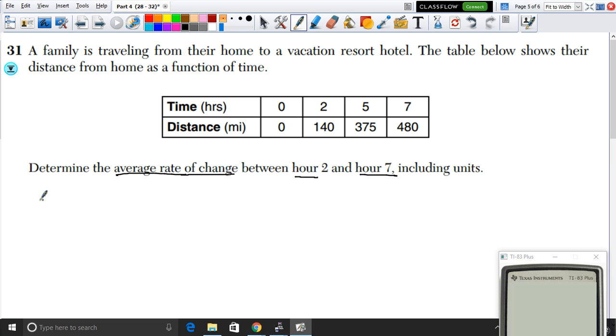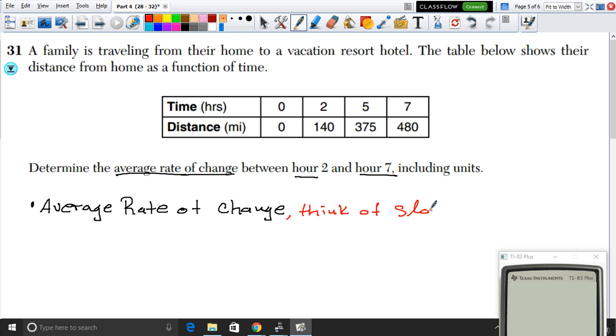Okay, so when we talk about average rate of change, think of slope. We can use the slope function or the slope equation to calculate the average rate of change.